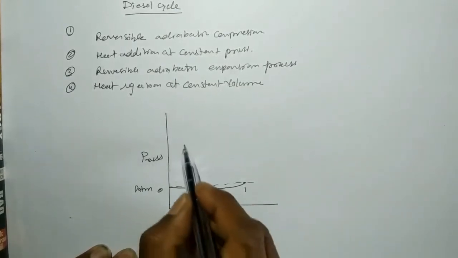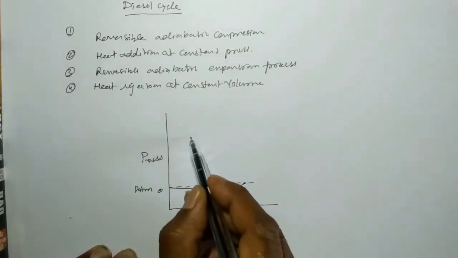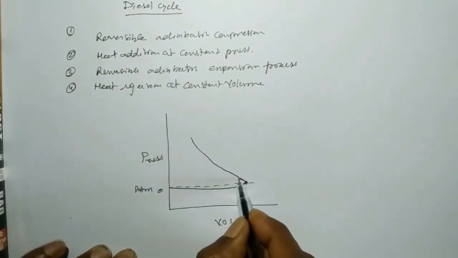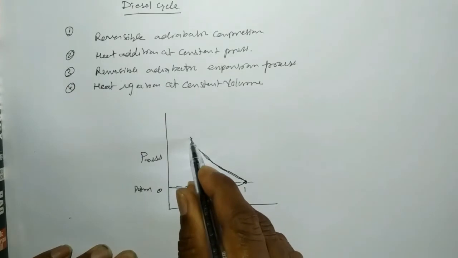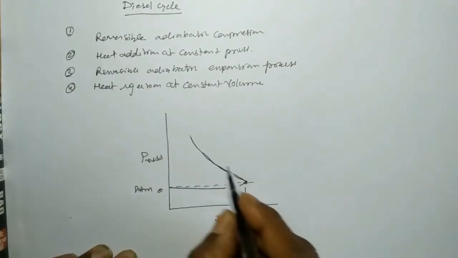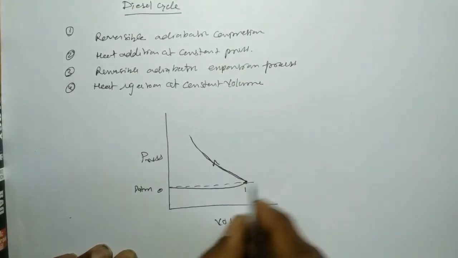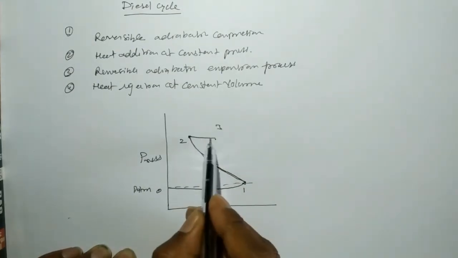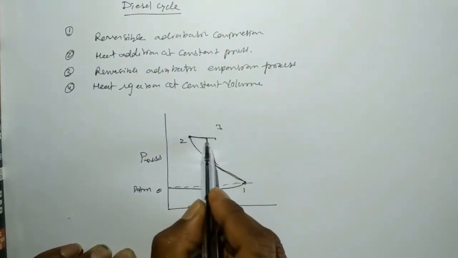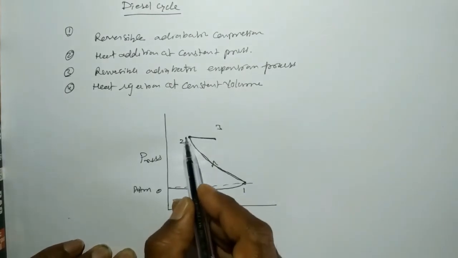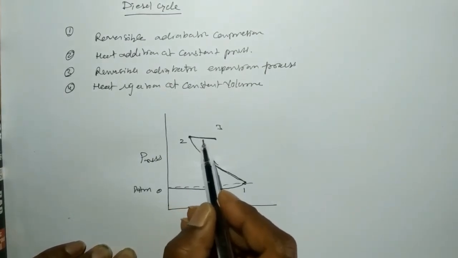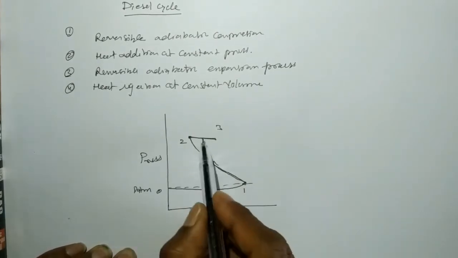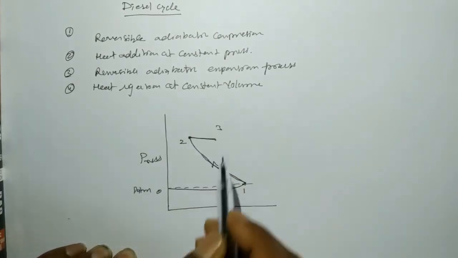And then it gets a reversible adiabatic process. Here, this is the compression process, reversible adiabatic compression process. This is 1 to 2. The 2 to 3 is constant pressure process at which the fuel is applied. As the first droplets enter the combustion chamber, because of higher temperature and pressure, it will fire out.